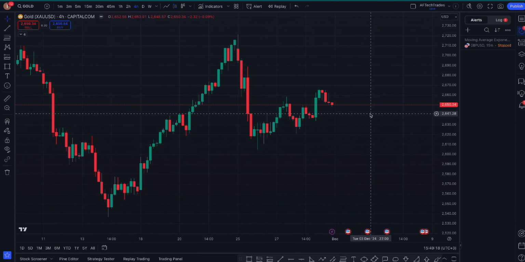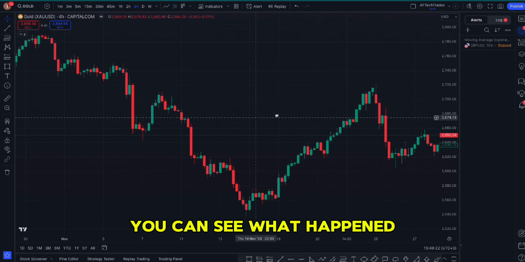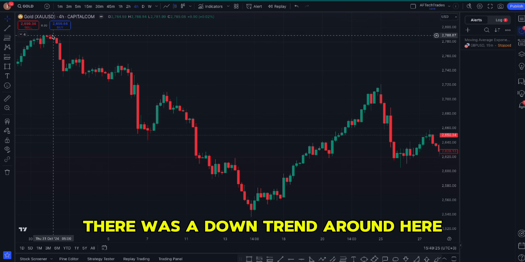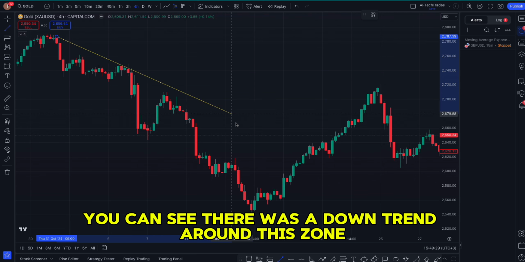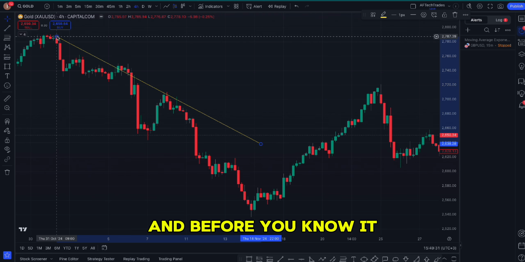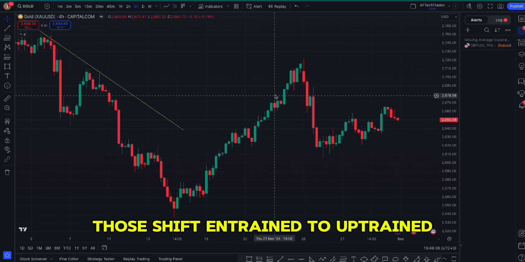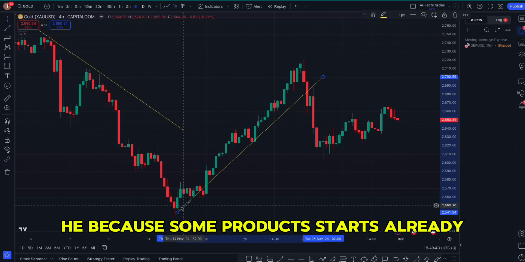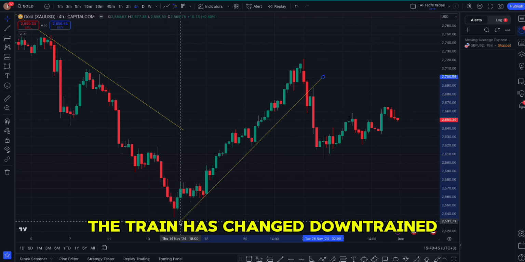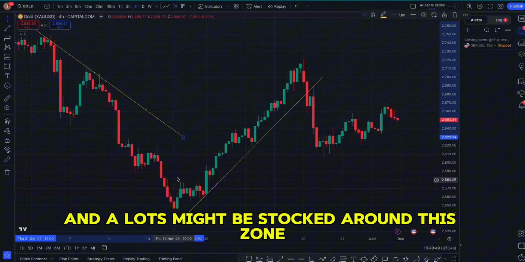ChatGPT what next. You can see what happened on gold. There was a downtrend around this zone, and before you know it, there was shift in trend to uptrend here, because some traders thought already the trend had changed to a downtrend, and a lot might be stuck around this zone.